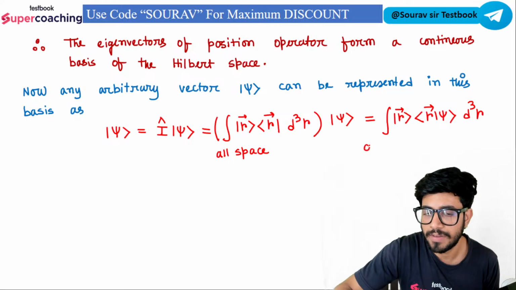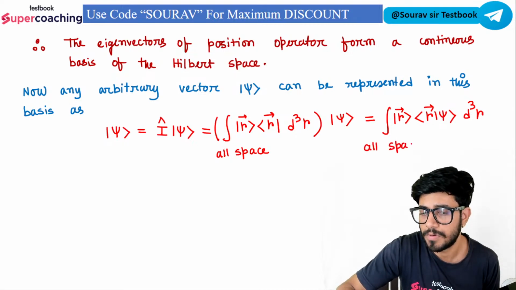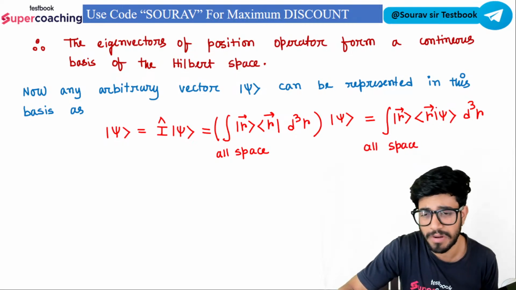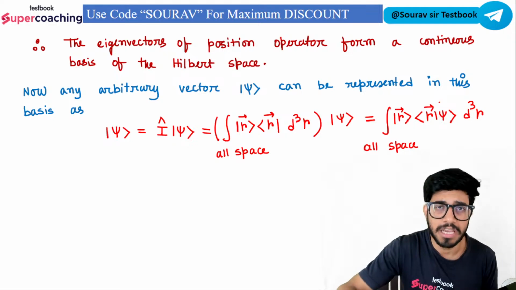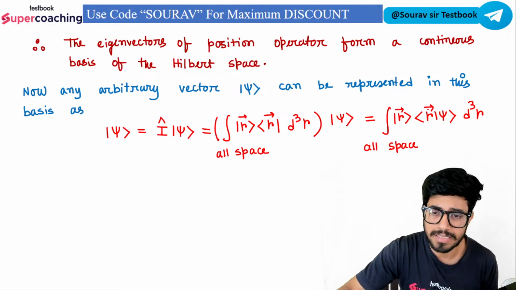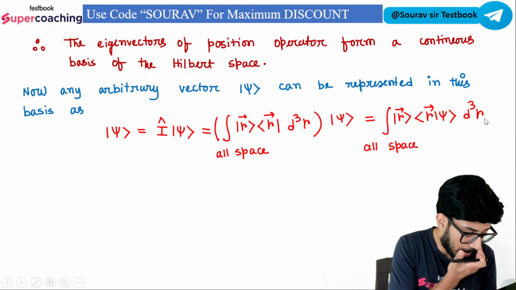Just tell me one thing very clearly. This is a scalar quantity because it's an inner product. Inner product is always a scalar. So this is a scalar, this is a vector, this is a scalar again.